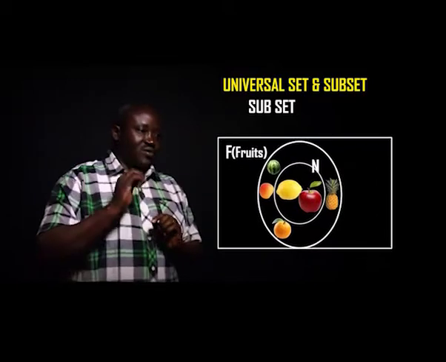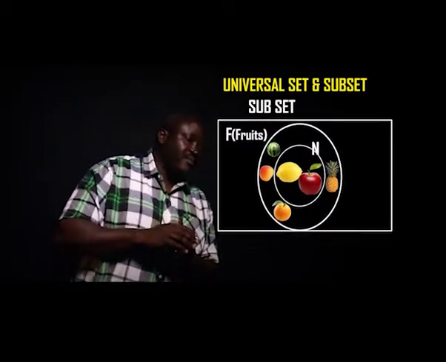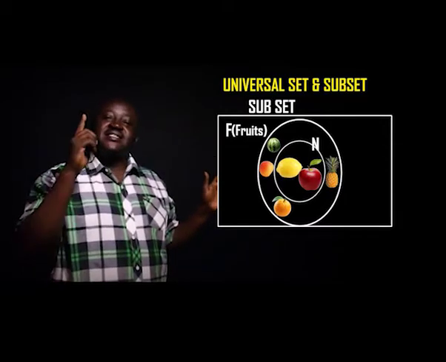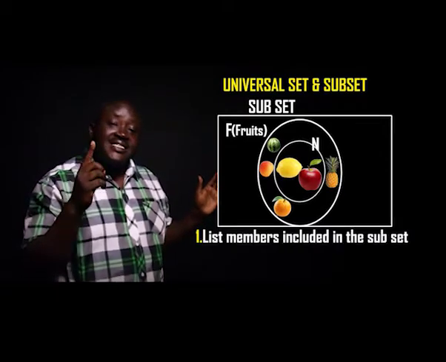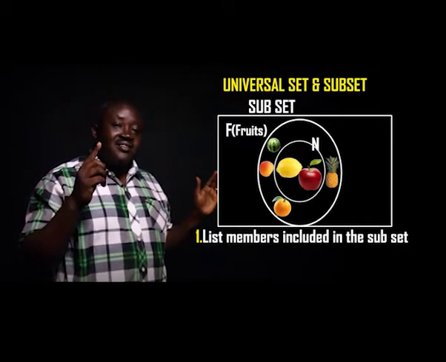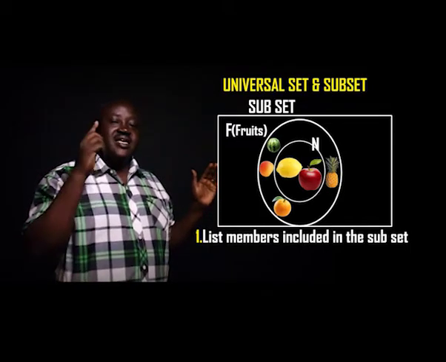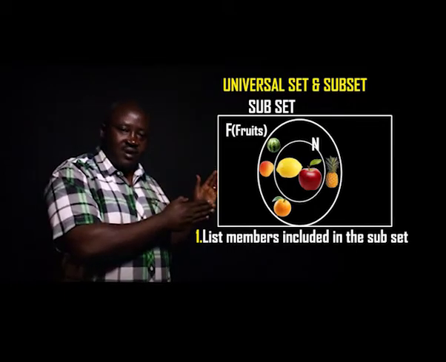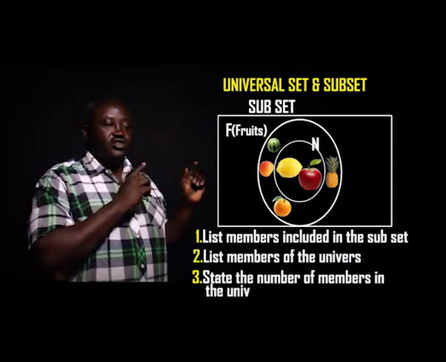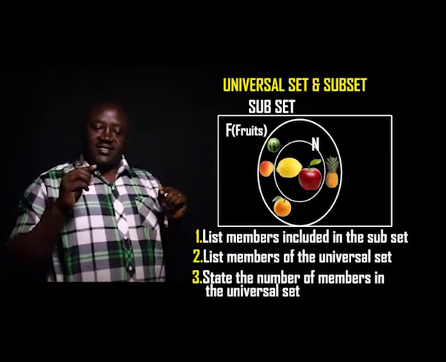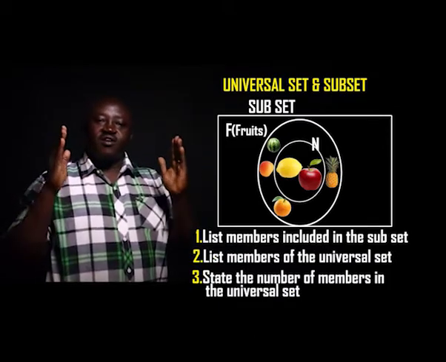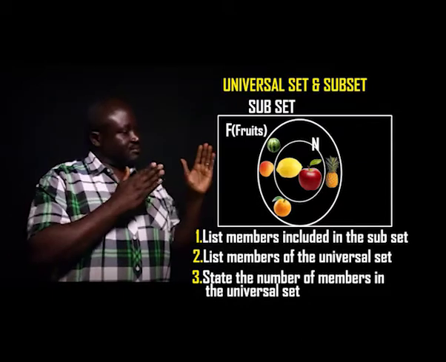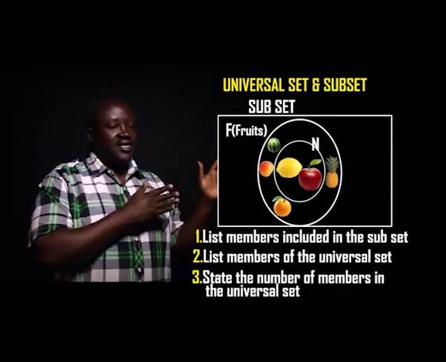So I want to give you some questions. Question number 1, state or list the members included in the subset in this diagram. 2, list the members of the universal set.